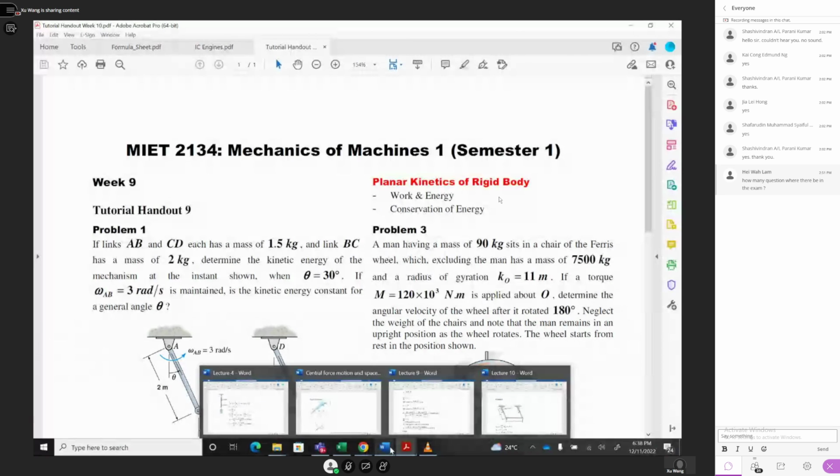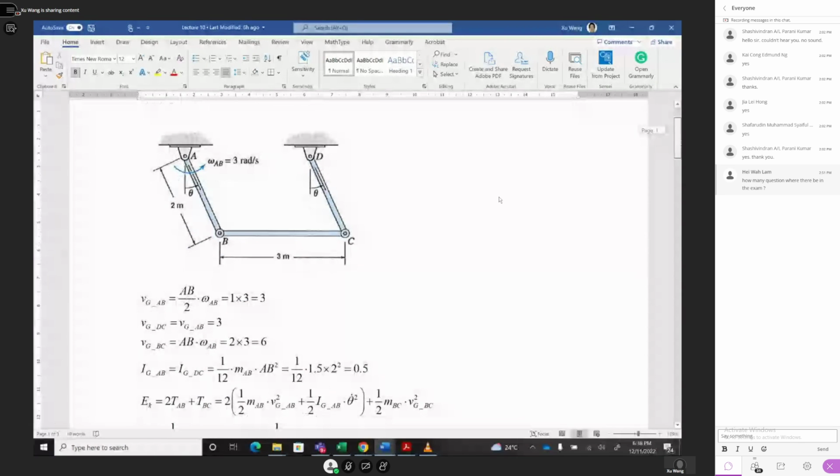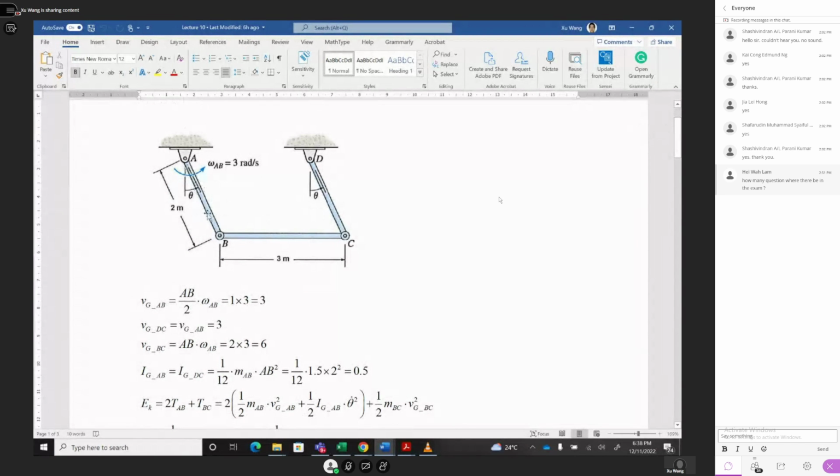So first of all, for this rigid body, the center of gravity velocity is calculated from omega multiplied by the half length, half of AB multiplied by omega AB. It equals 2 divided by 2, which is 1, times 3, so you get 3.